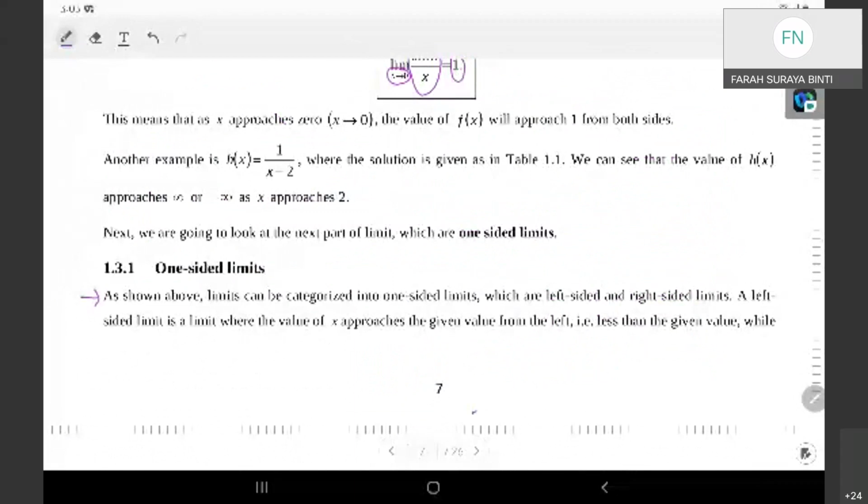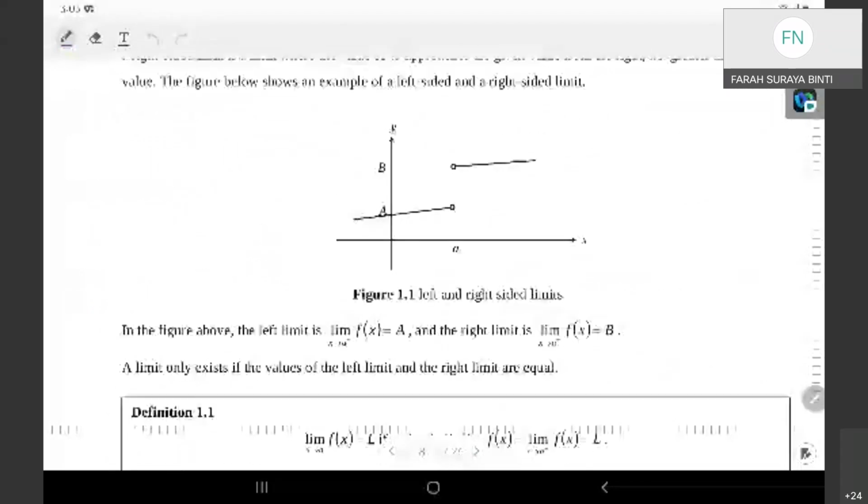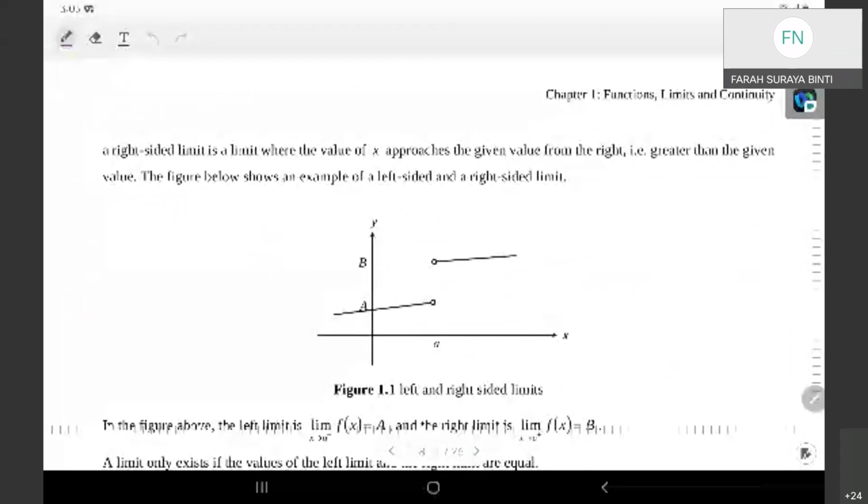Okay, a left-sided limit is a limit where the value of x approaches the given value from left. Okay, yang macam tadi kita tengok daripada left. While a right-sided limit is a limit where the value of x approaches from right.